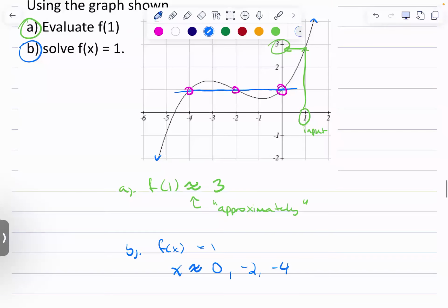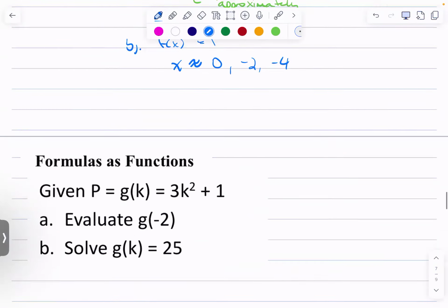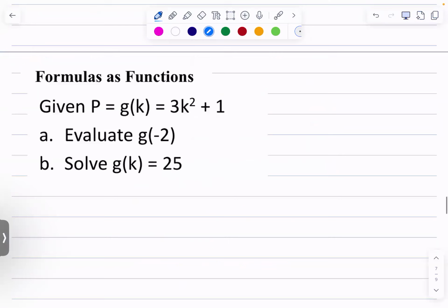Nice. Any questions? You knew it was coming. Not just graphs and tables, but how about formulas as functions? Okay.